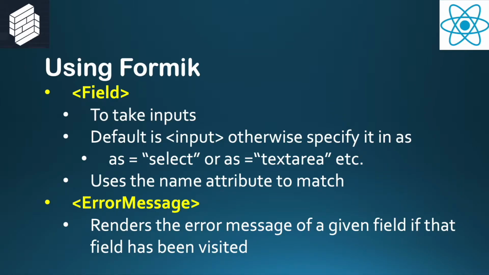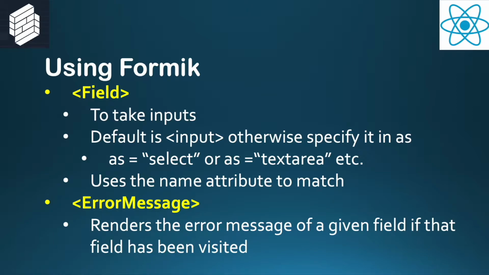The typical structure of Formik is that each input is called a field. So Field is there to take inputs. The default is input, otherwise specify it in "as". So as equal to select means it's a drop down. as equal to textarea would mean it's a text area.